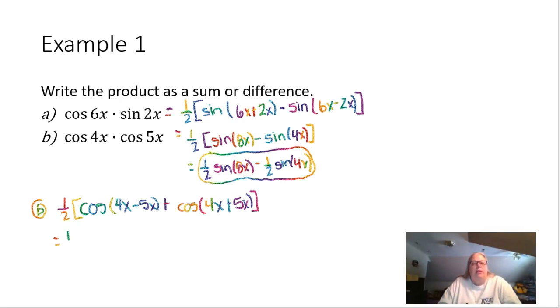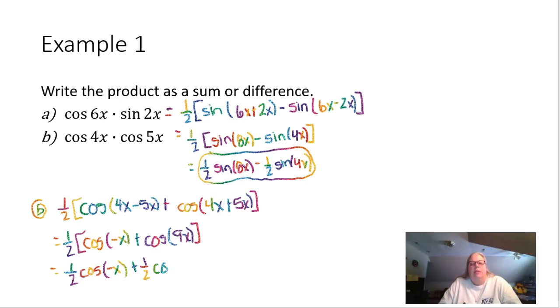That's going to give us half of the cosine of negative x, or negative 1x, plus the cosine of 9x. And then we can distribute that half in there. That's going to give us half of the cosine of negative x plus half of the cosine of 9x.